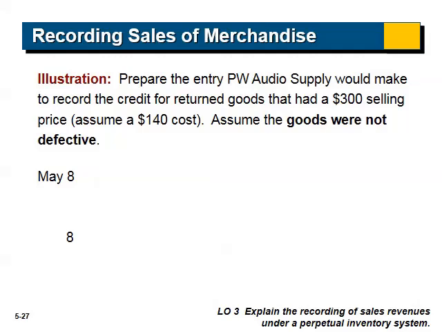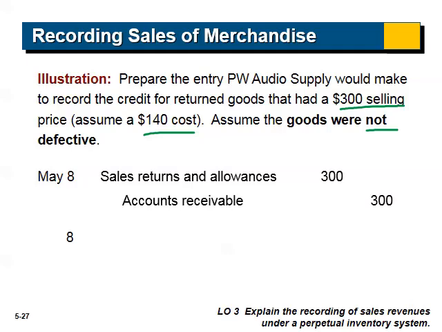So if Salk returned $300 worth of merchandise and it cost $140, assuming the goods were not defective, they're just returning them because they didn't like them for one reason or another, you're going to debit sales returns and allowances, which is what we call a contra account to the sales account, and reduce your accounts receivable, but you have to put the inventory back on your books. So in essence, you're kind of flipping around the entry that you originally recorded.